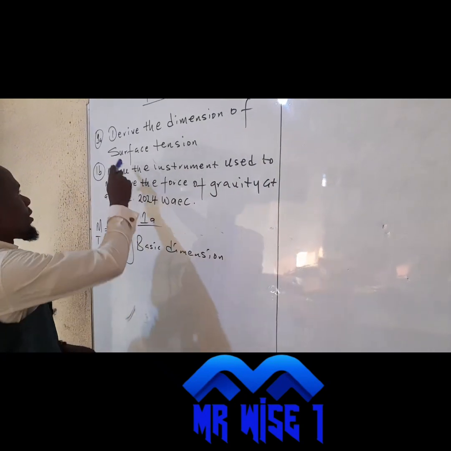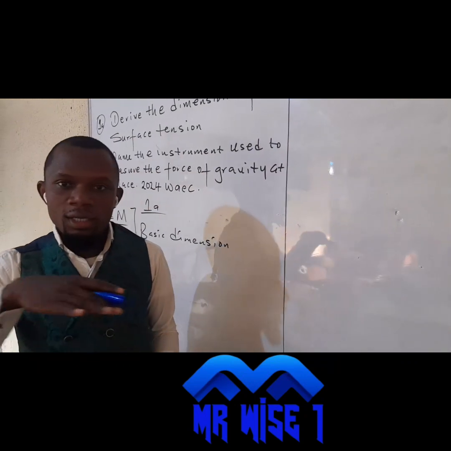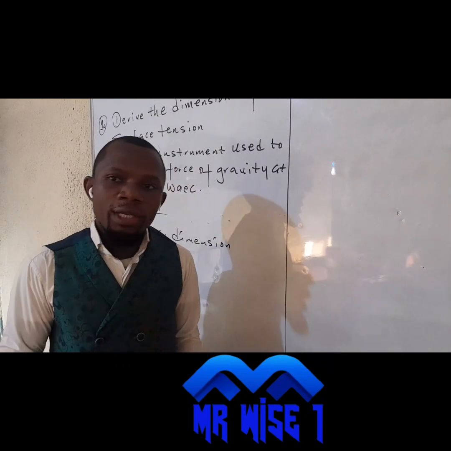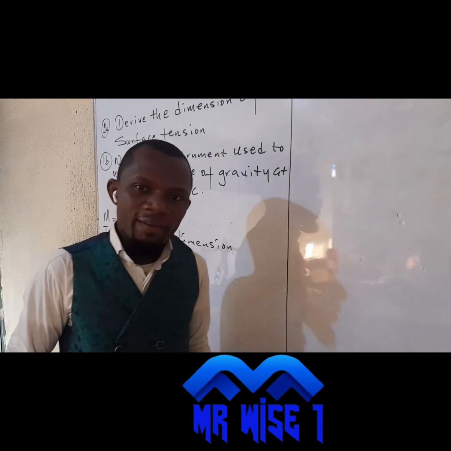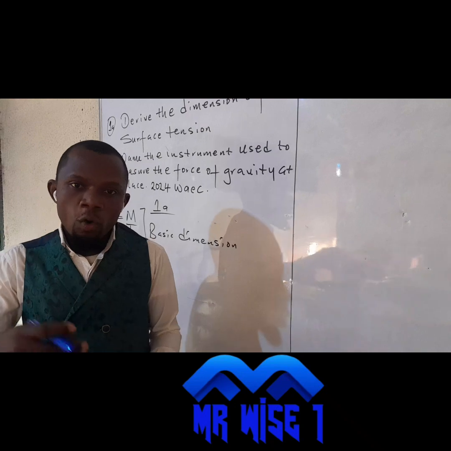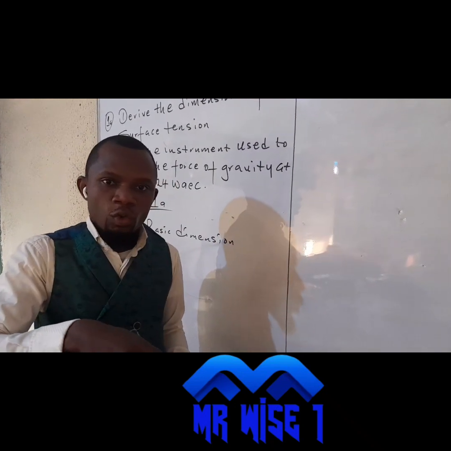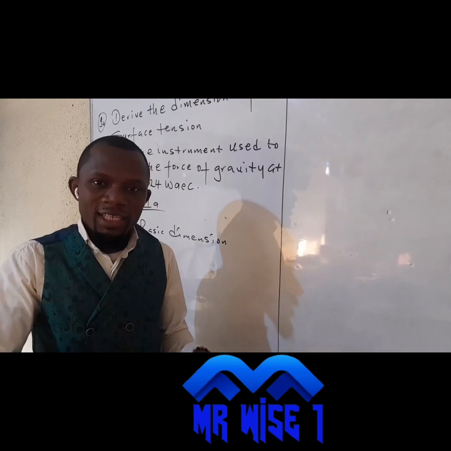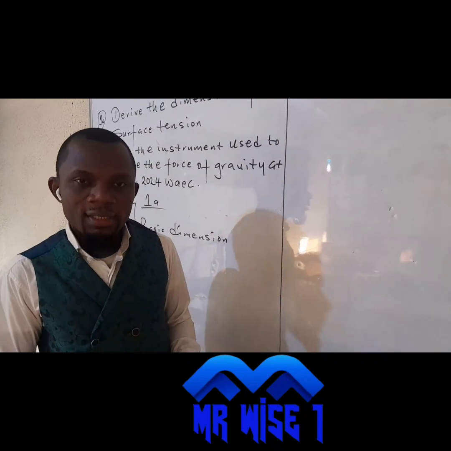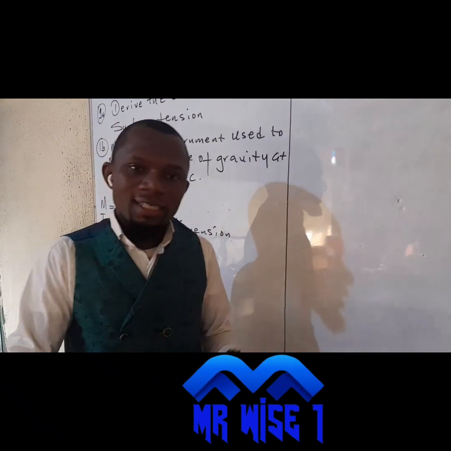So what is even surface tension? Surface tension is the force acting on the surface of a liquid, which makes the liquid behave like a stretched elastic skin. That means there's a force and there's an extension, that's the length there.